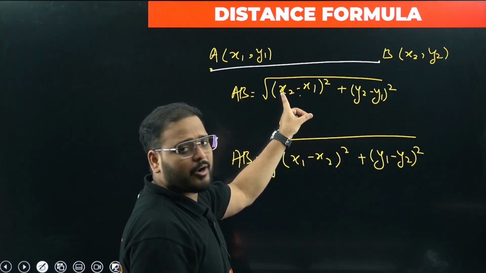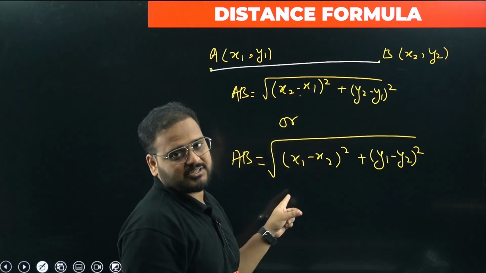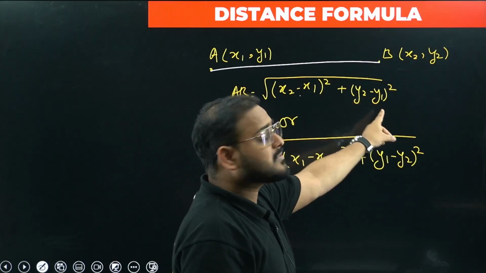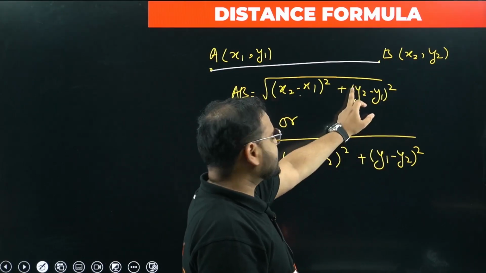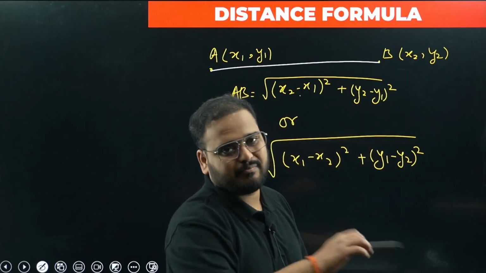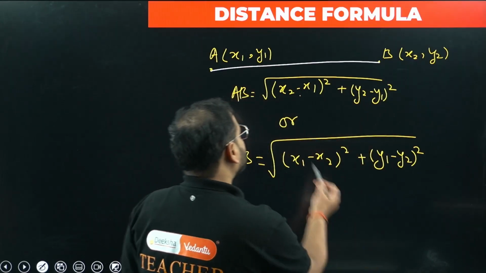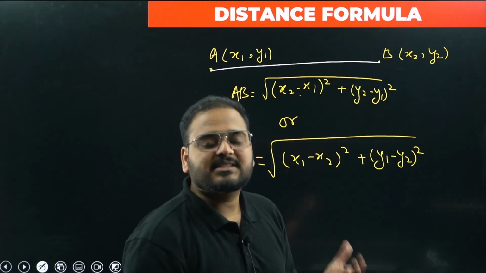Because if I take a minus sign common over here, it becomes x1 minus x2, and the square of the minus becomes positive again. Same way here, y2 minus y1, if I take the minus sign common, it becomes y1 minus y2, and the square of the negative sign we took common becomes positive again because of the square. Minus into minus is what, bacha? Plus. So you can write either this or this; both formulas can be used for finding the distance between 2 points.